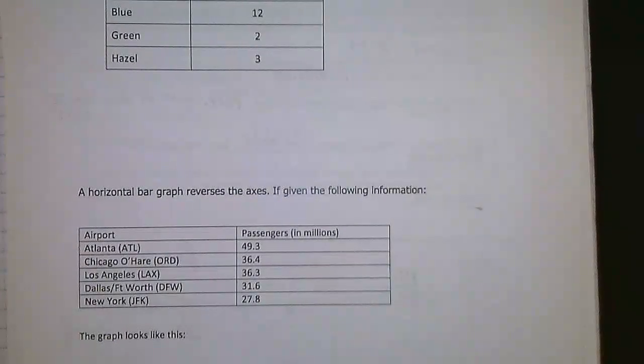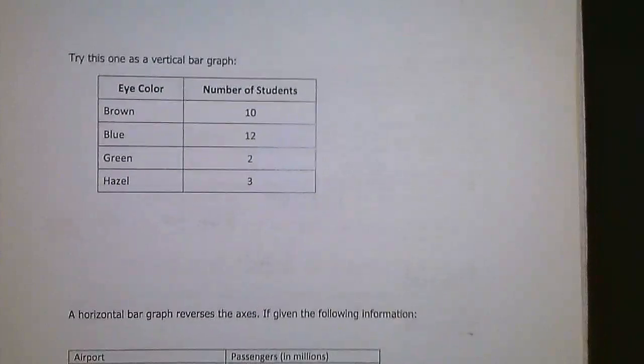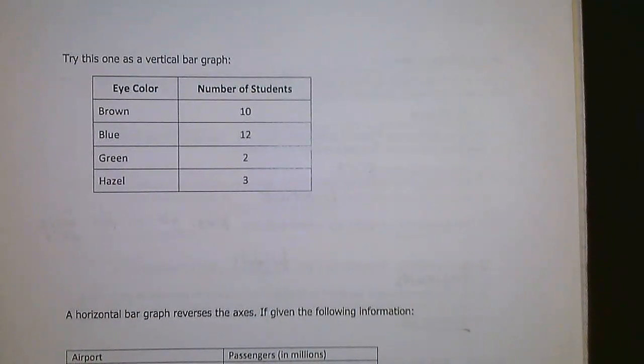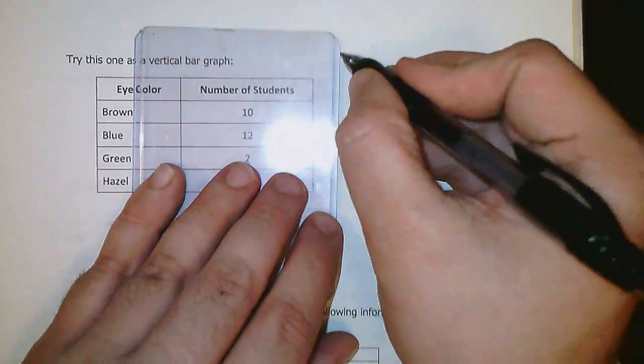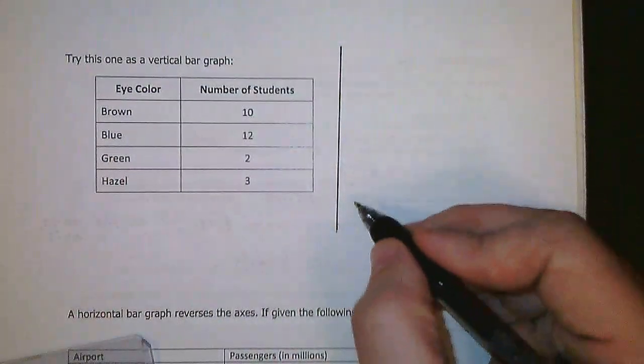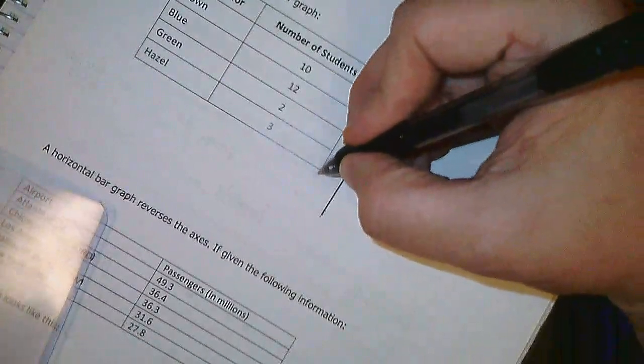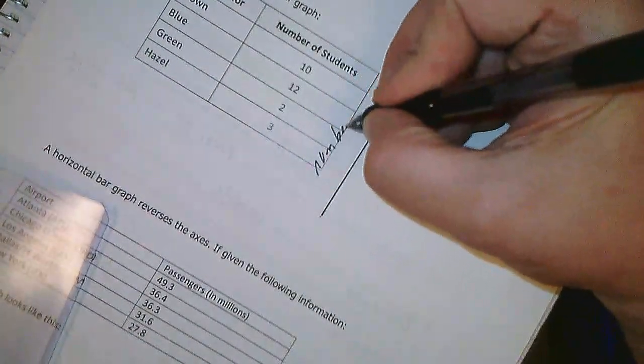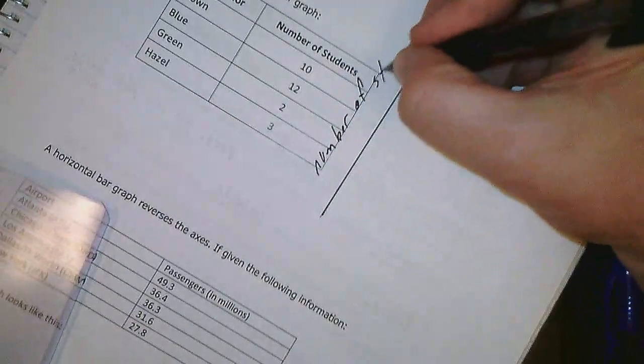Try this one with talking about eye color and numbers of students. So I want to number all the way to 12. You do have some options here as far as building a graph. My frequencies, so you can label it as frequencies or number of students.